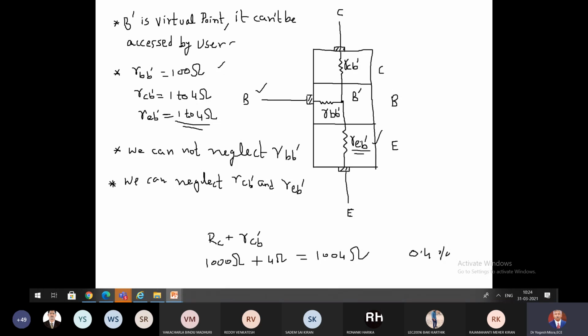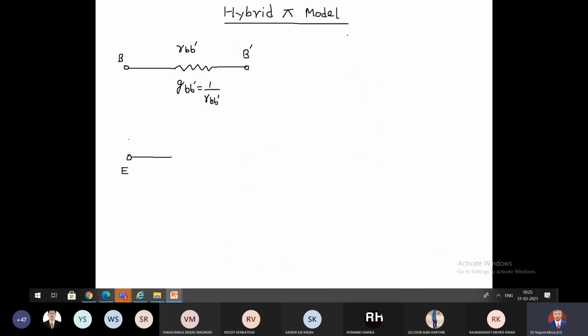This resistance between B dash and E terminal is REB dash, or in books generally we find it as RB dash E. Now between base B dash and emitter, I will extend this emitter here.